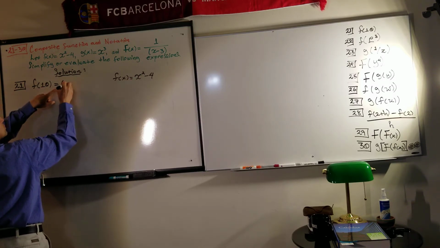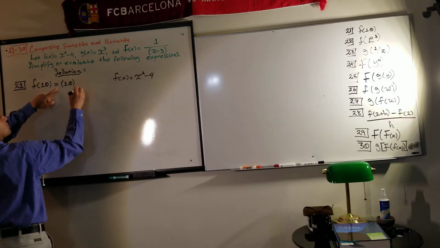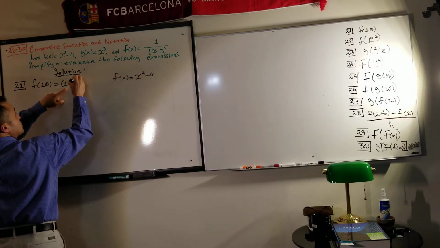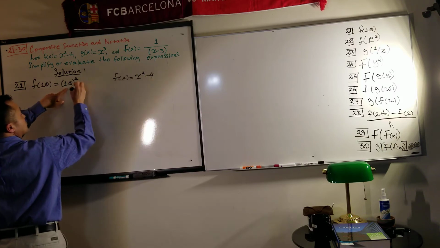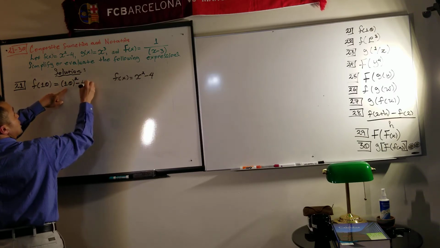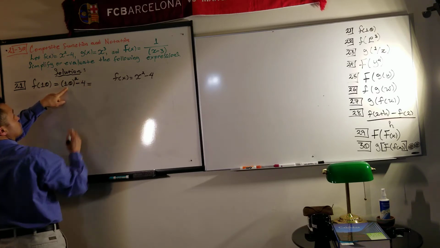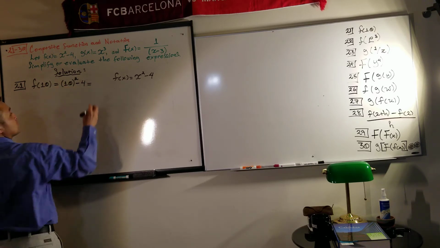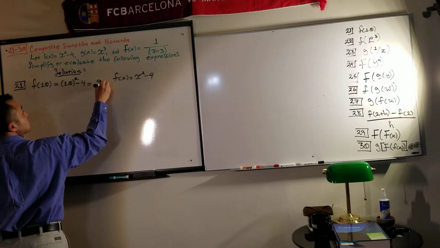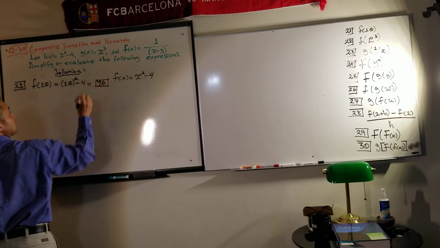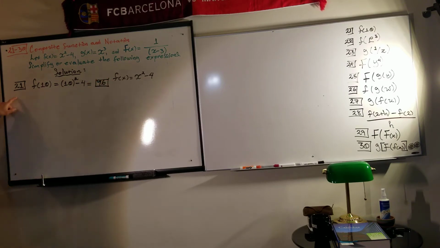In other words, 10 to the second power minus 4. This is equal to 100 minus 4, that is 96. And that is the answer for problem number 21. Let's go to problem number 22.